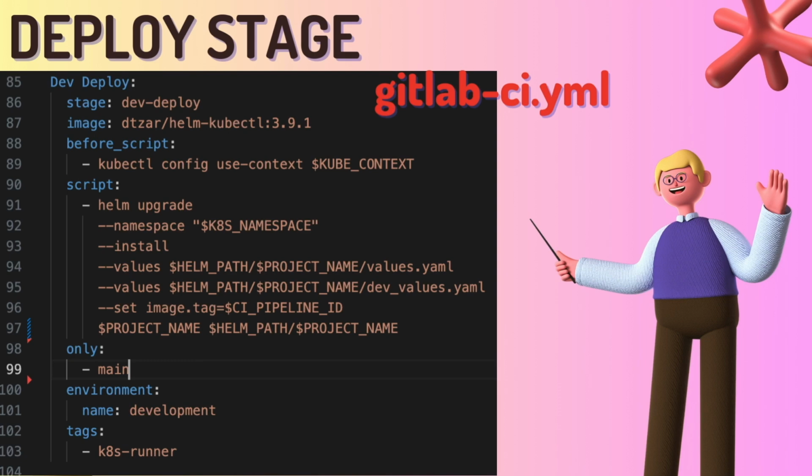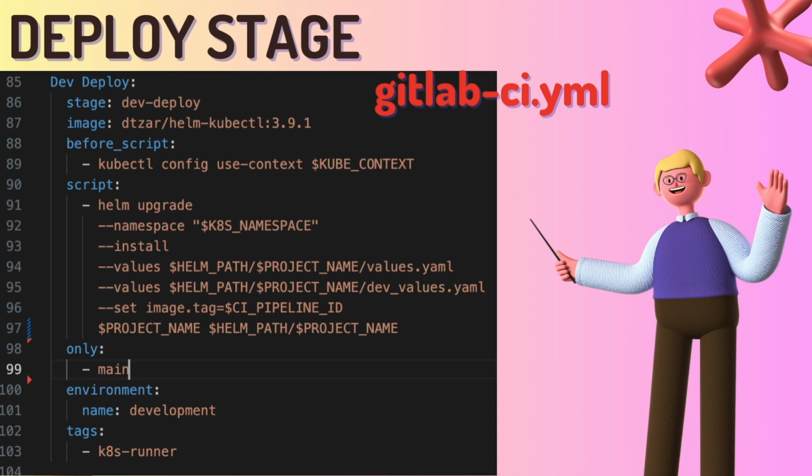The --install flag indicates that if the release does not exist, it should be created. The --values options point to YAML files. One is values.yaml, which is for setting default values, and another is dev_values.yaml for environment-specific values. These files define configuration settings for our application during deployment.